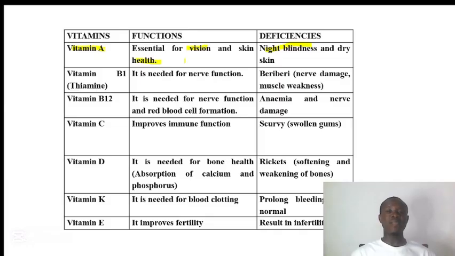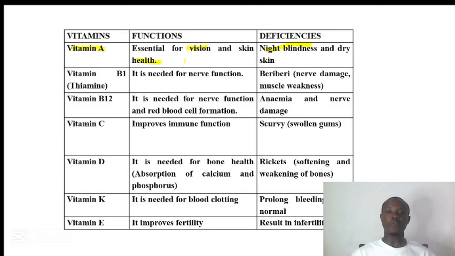Vitamin A is needed for the formation of a pigment we call rhodopsin. That rhodopsin is a pigment that is found in the rod, and the rod is more sensitive in dark vision.